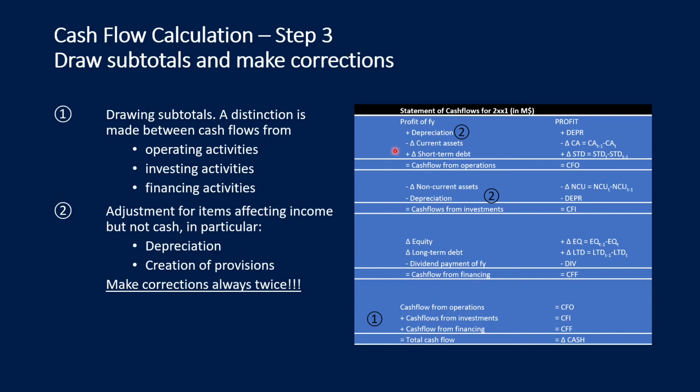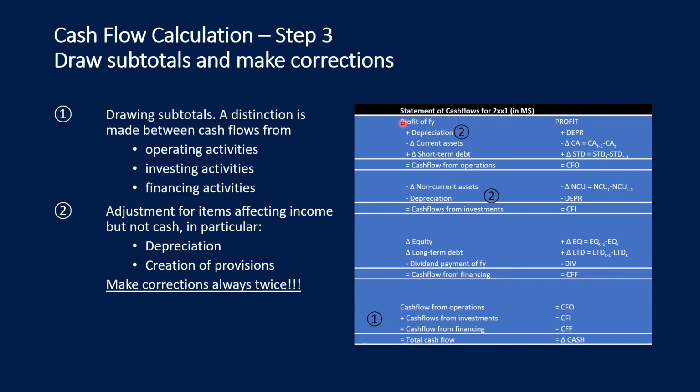Now let's talk about the line depreciation that we see twice here. We have to make some adjustments or corrections for items that affect the income, the profit, but not the cash, because this line is kind of diluted.